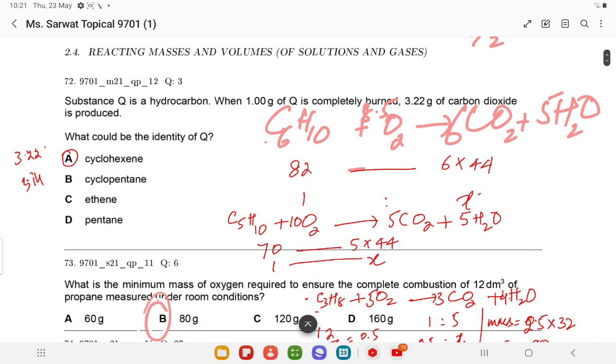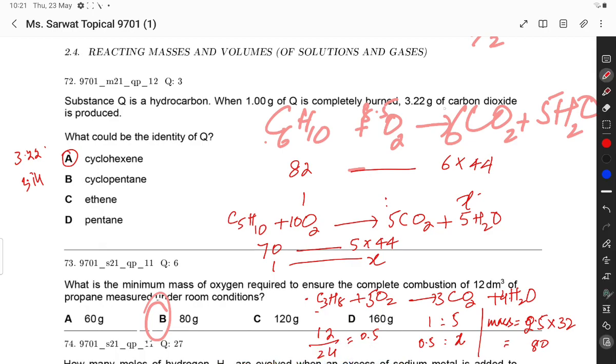So the next question is: substance Q is a hydrocarbon. When 1 gram of Q is completely burnt, 3.22 gram of carbon dioxide is produced. So let's calculate what could be the identity of Q. You have to calculate like this.